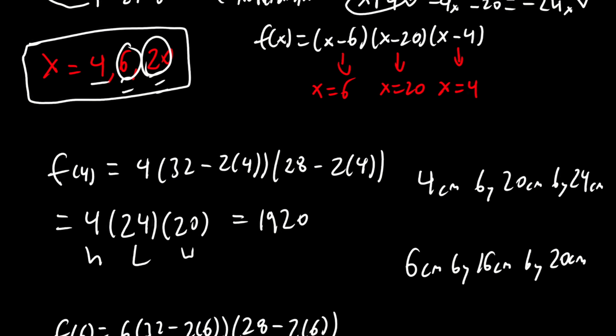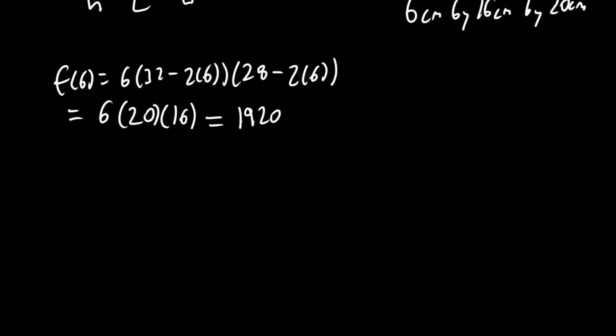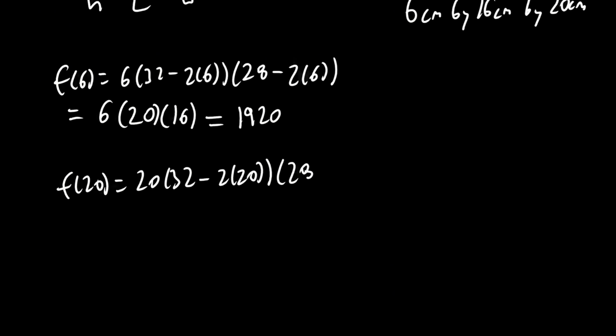Well, I could already see that this is actually not going to work. But let me show it in the equation. F of 20 equals 20 times 32 minus 2 times 20 times 28 minus 2 times 20. This equals 20 times negative 2 times 20 which equals negative 40. 32 minus 40 is negative 8 times negative 2 times 20, which is negative 40. 28 minus 40 is negative 12.